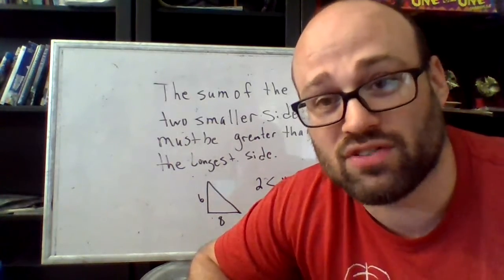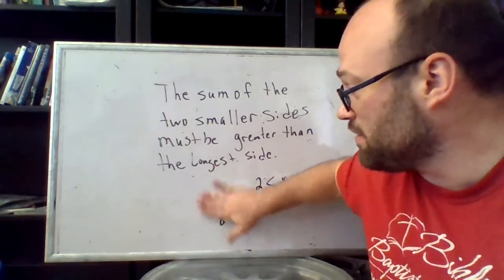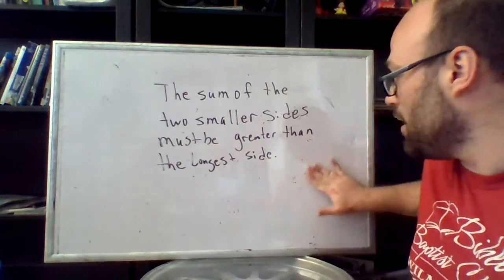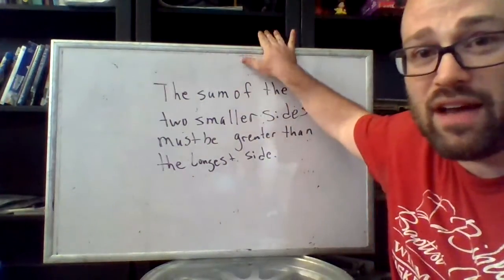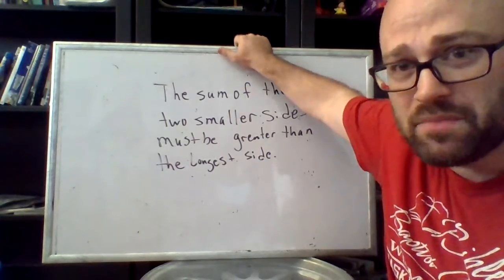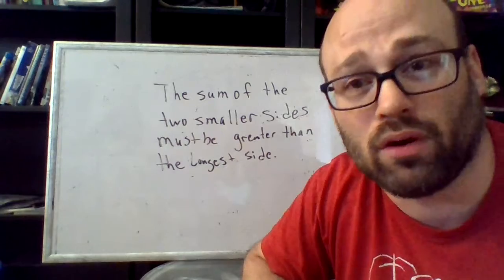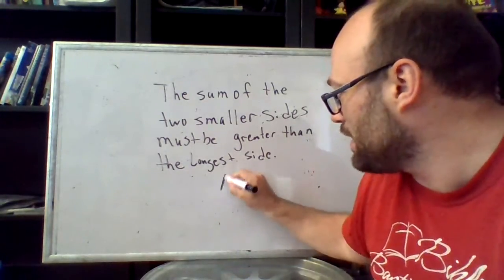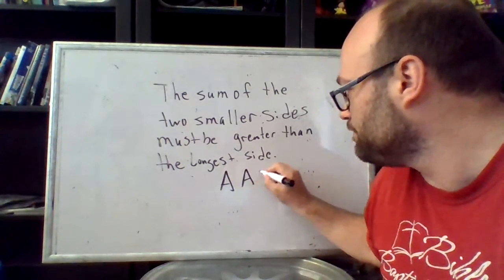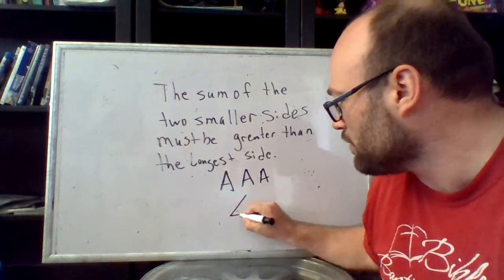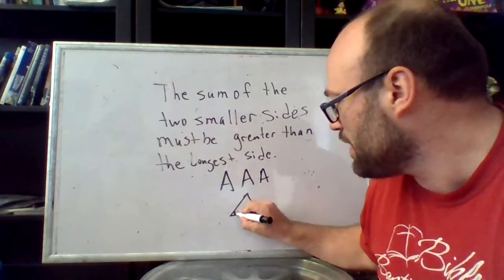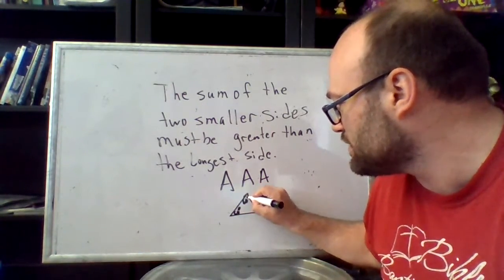All right. For example, and this is kind of getting ahead to what you're going to look at on Wednesday. If I give you 3 angles, 3 angles is not a unique triangle. And I'm going to give you a very simple one. If I give you angle, angle, angle, so I give you 3 angles, and I give you an equilateral triangle, and the only thing we know is that each one of these is 60 degrees.